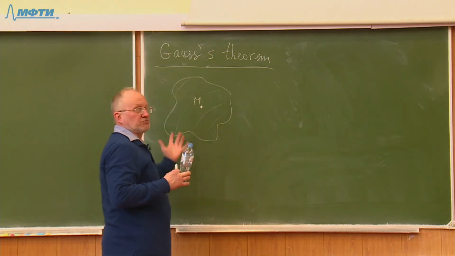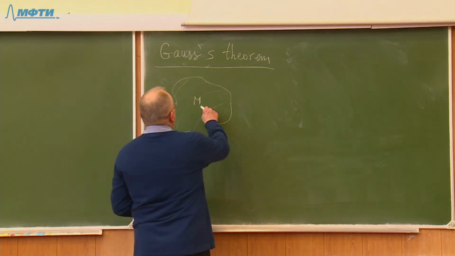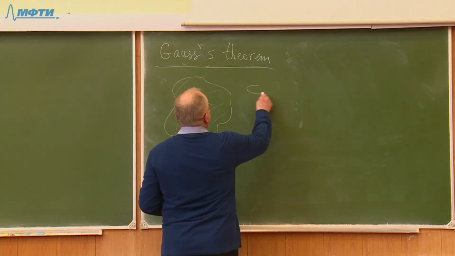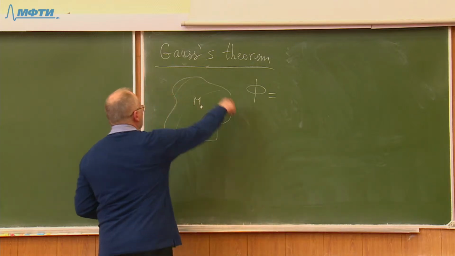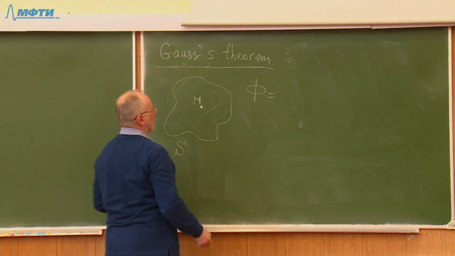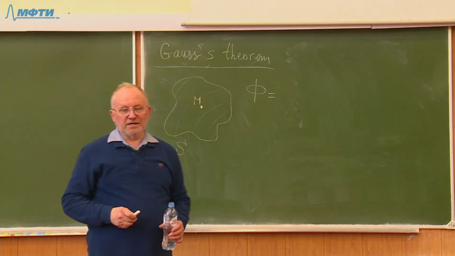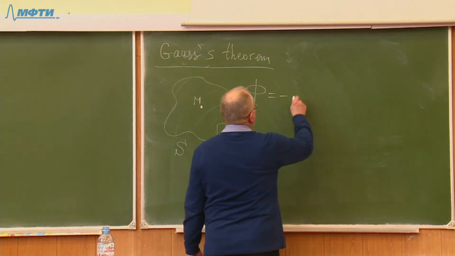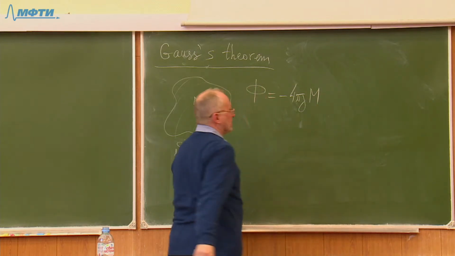So this is an arbitrary surface. Then, if you calculate such a quantity, which is called the flux of the gravity field through this surface S, then you will obtain minus 4 pi gamma capital M.